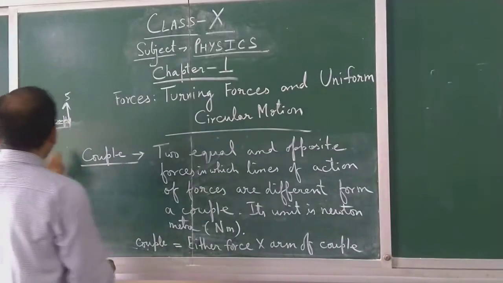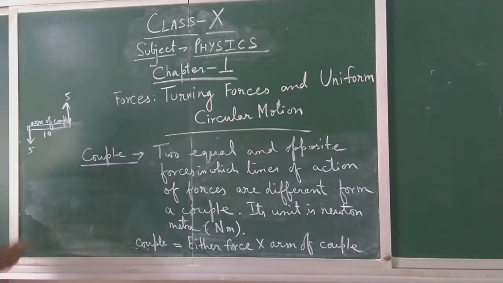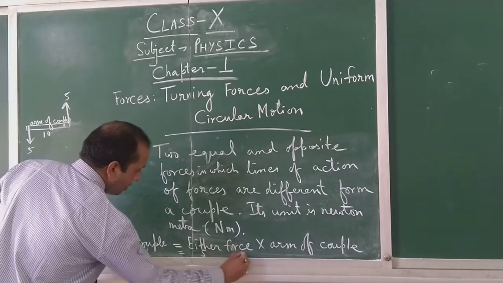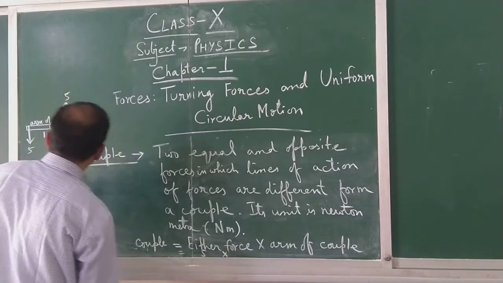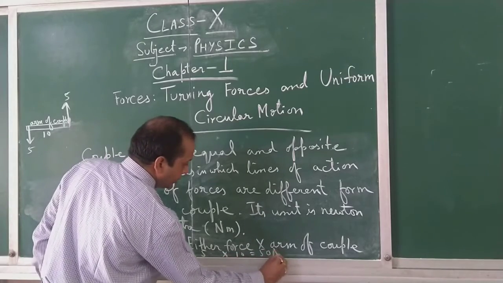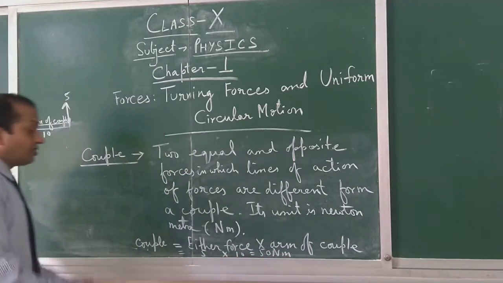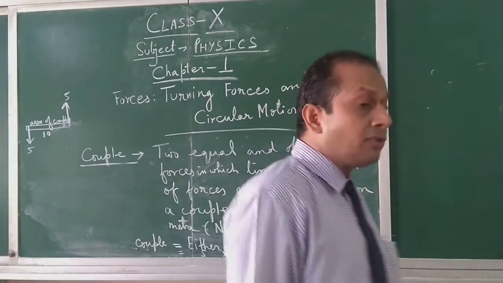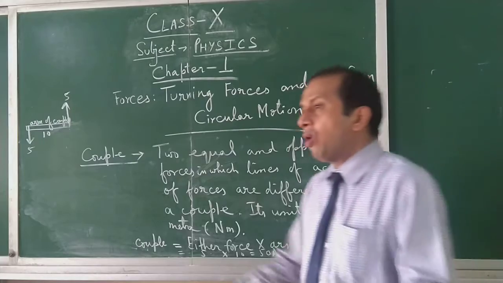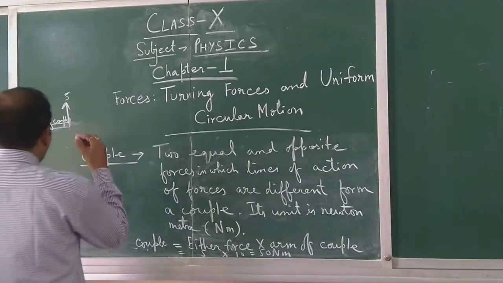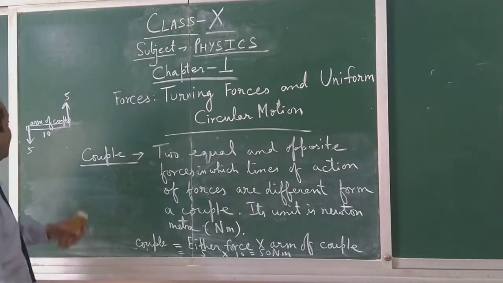So if I calculate this, what will it be? 5 into, and this arm of couple is here 10, so it is 50 Newton. And children, remember that moment of force and couple are all vector quantities, so you will write the direction also.